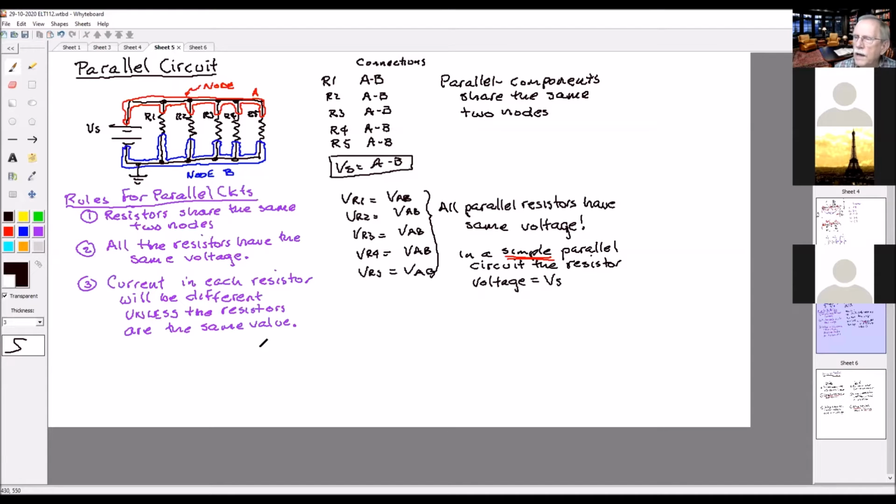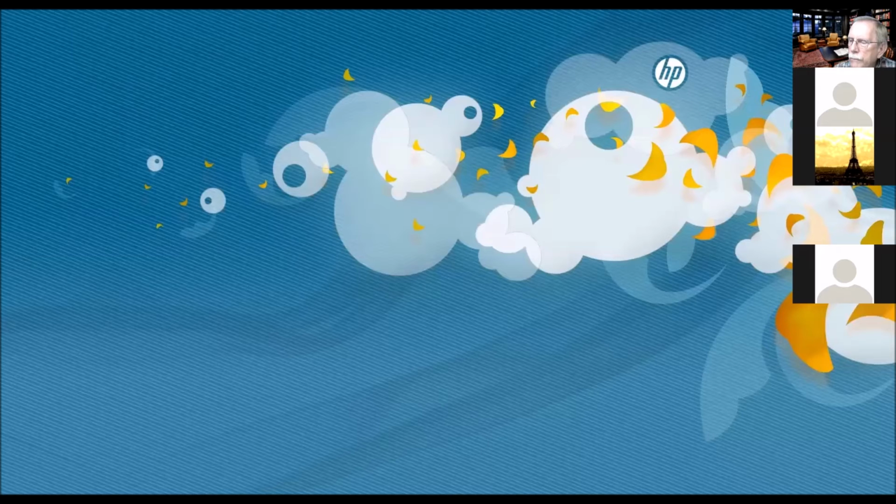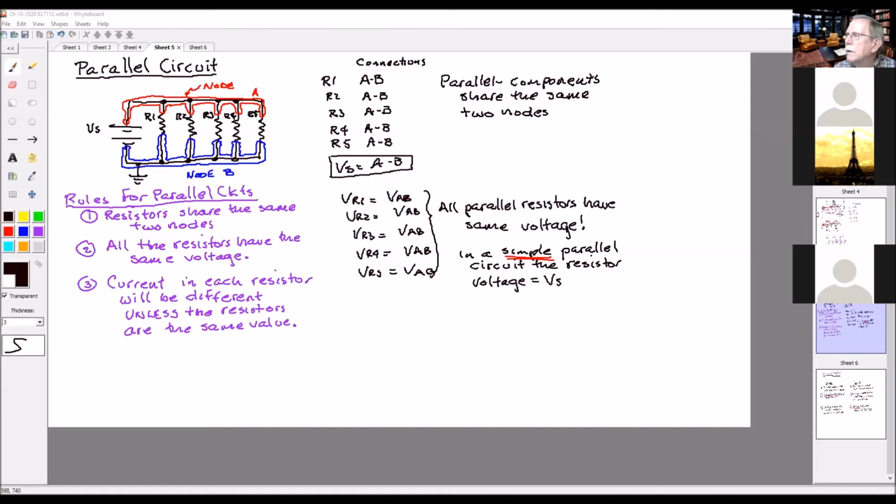Oh, before I do that, let me bring up Multisim because I know you did this in lab, so we might as well just reinforce that. So in Multisim, if I wanted to, I could check my answers.